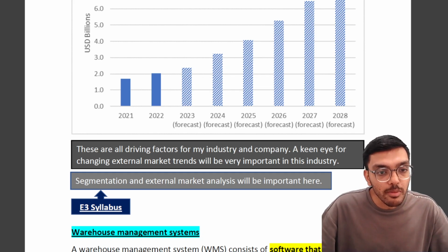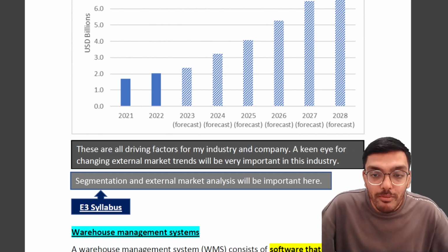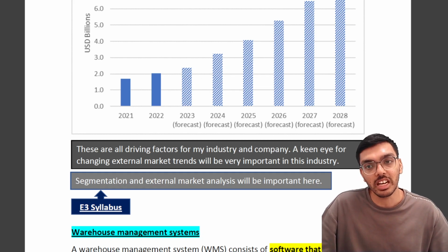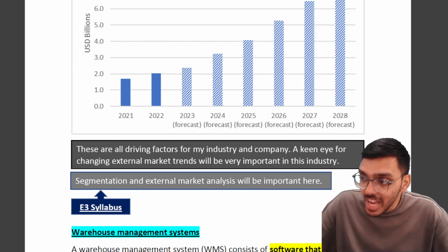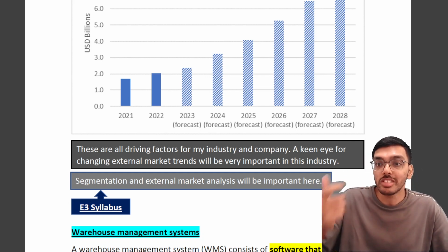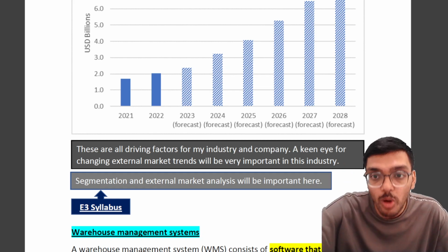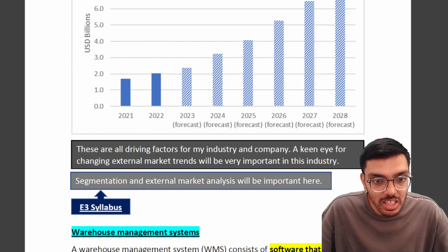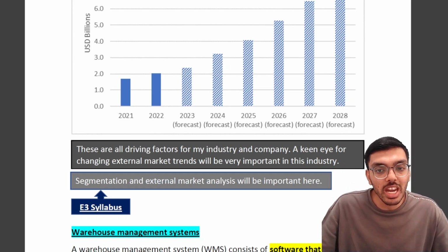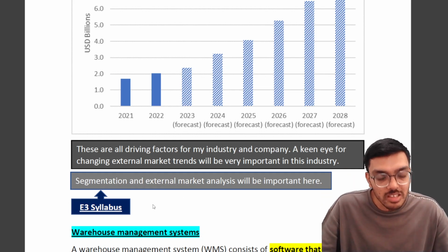A keen eye for changing external market trends will be very important in this industry, because if I don't keep an eye out for external factors such as competition, economy, and government support, then I might miss out on great opportunities. So segmentation and external market analysis will be important here, again part of your E3 syllabus.